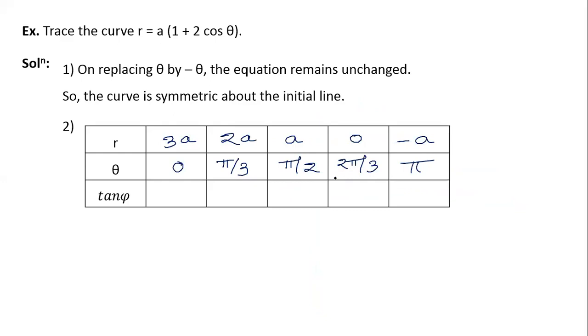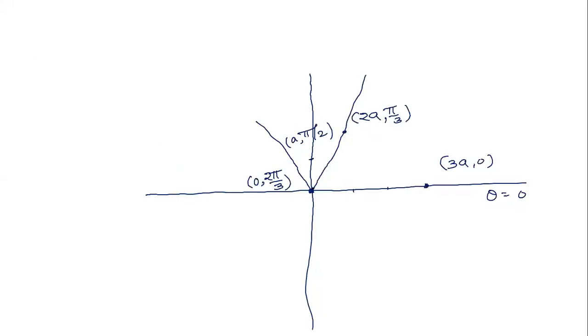And finally, theta is equal to pi. Now we have to be very careful. See, theta equal to pi and r equal to minus a, and you will be confused. See carefully, theta is equal to pi. This is the line theta equal to pi.